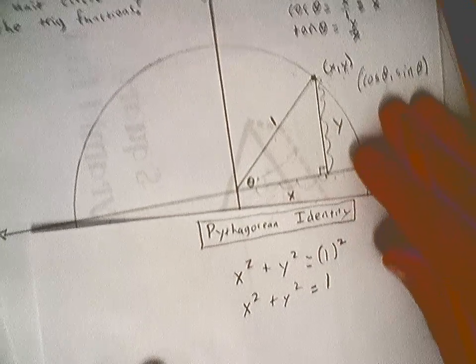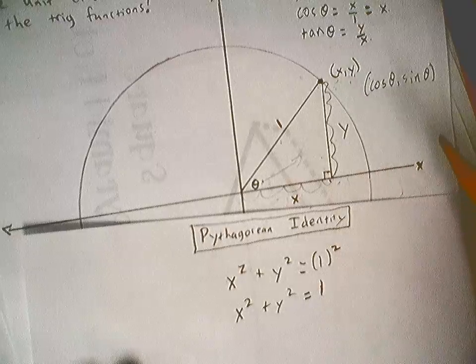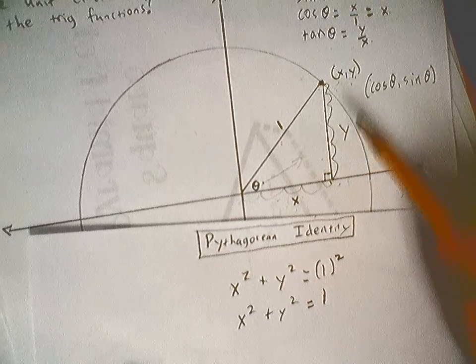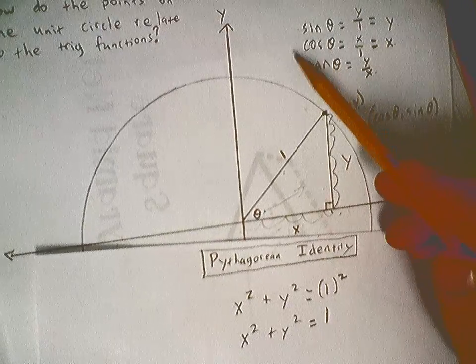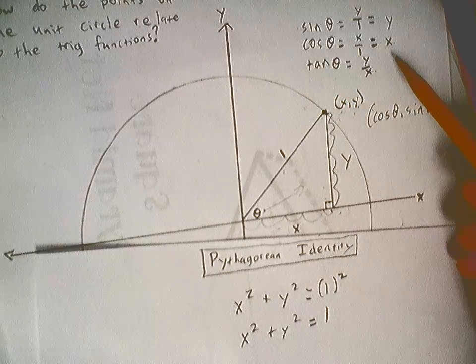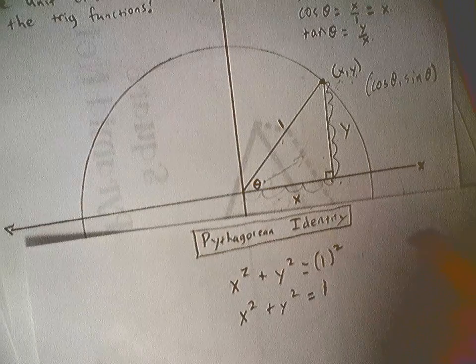So here's where our new result comes in. Remember that when we're working with the unit circle, this x and this y are actually our cosine and sine values. Sine theta is equal to y. Cosine theta is also equal to x. So here's what I can do.